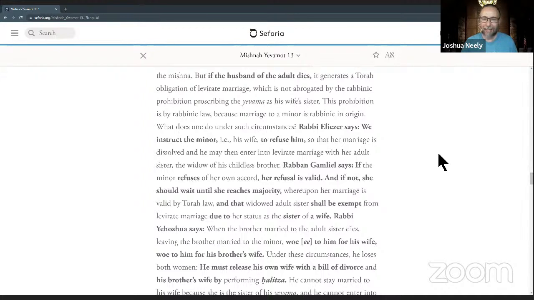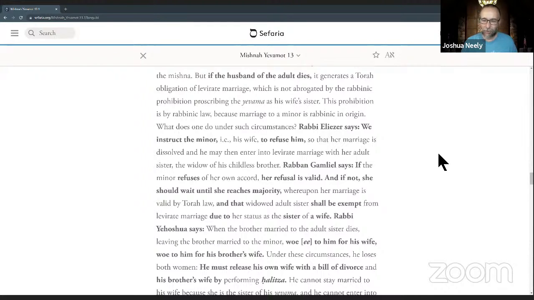So let's just make sure we got that really clear. Rabbi Eliezer is saying that we turn to the little sister and we say, you need to tell your betrothed husband that you will not marry him, that you are refusing him. Since you are a minor, you have the right to do that. Now, she probably wasn't planning to do that at this point. If she were, then it would have already happened. But they are telling her, I know it's bad that your sister just lost her husband, but you're going to lose the one that was going to be set up for you as well.